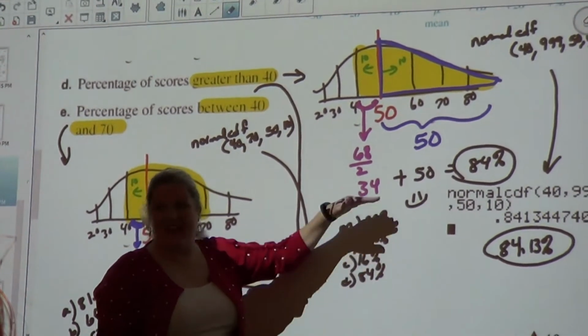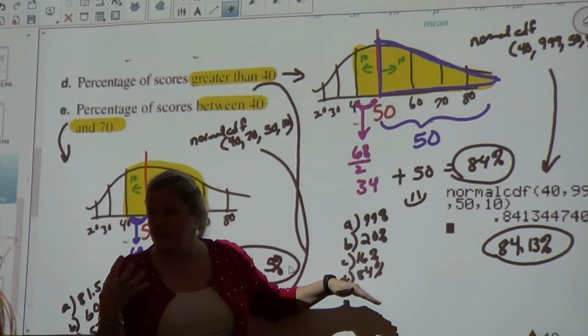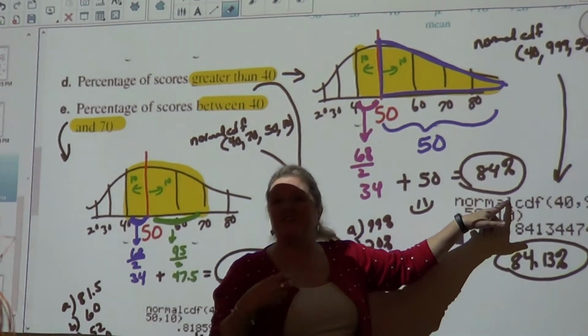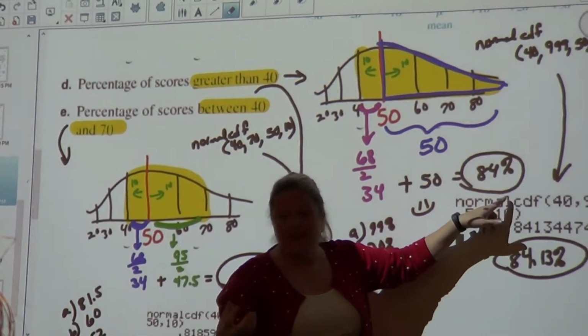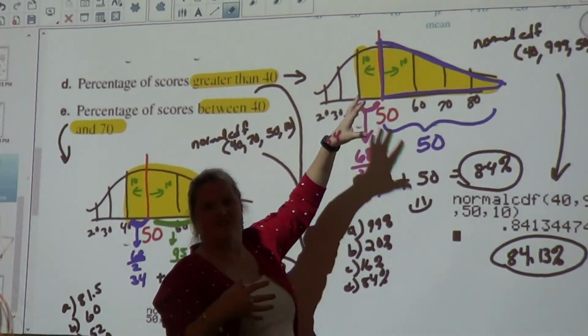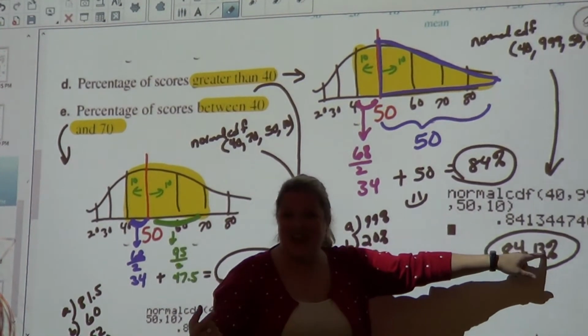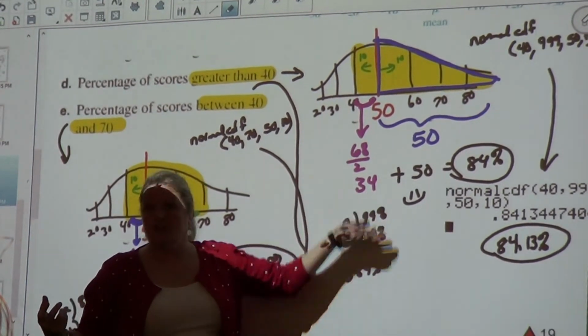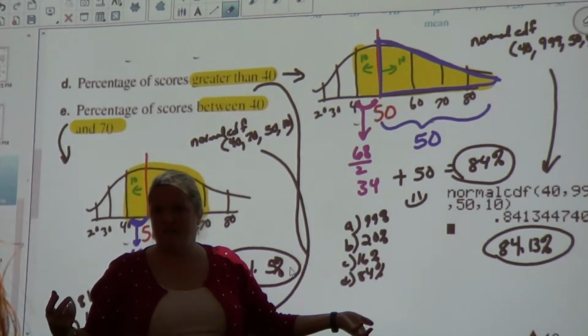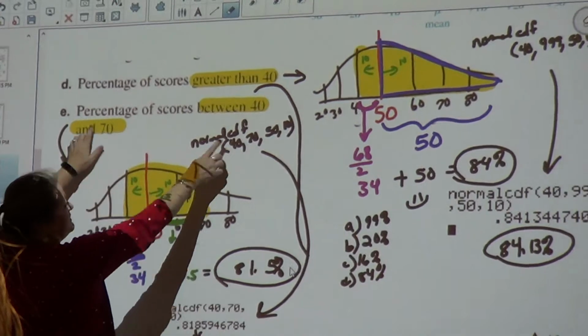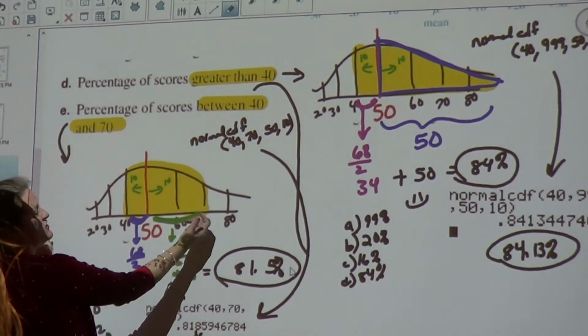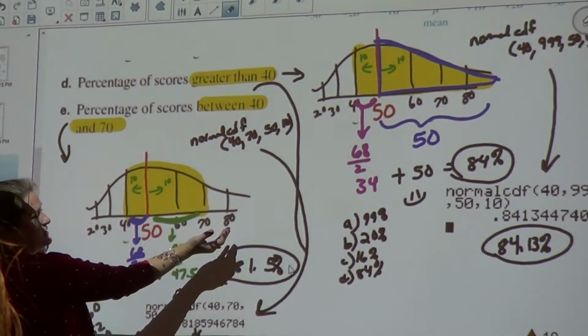There's only one answer that's close to that. Your normal CDF gives you a more exact answer. The 68, 95, 99.7 will give you an approximation. So you can use the exact answer to get the approximation. Y'all with me? So for this one, between 40 and 70, if I do the normal CDF, what is my left? 40.